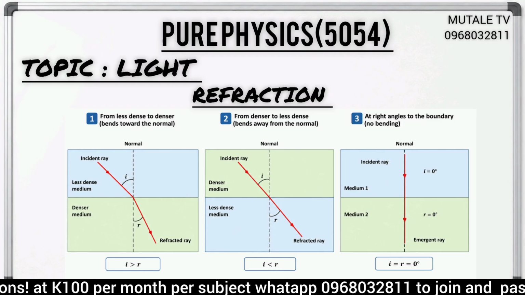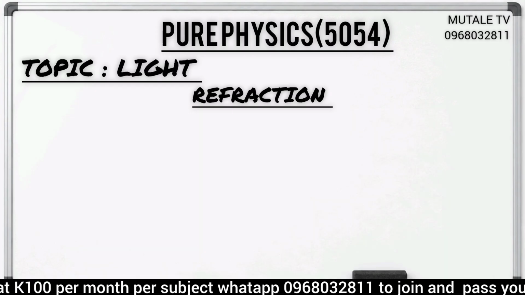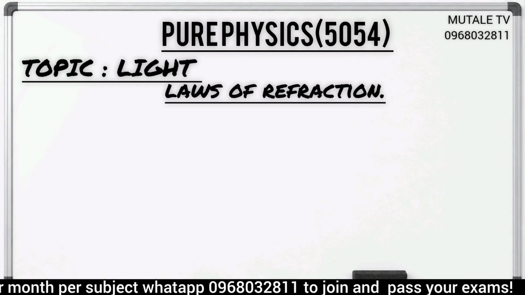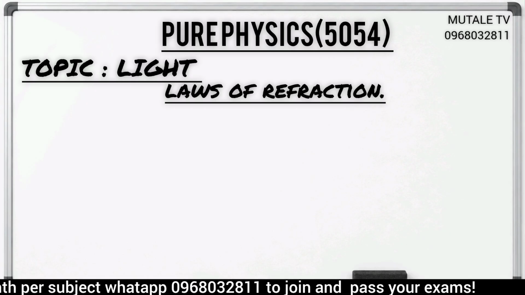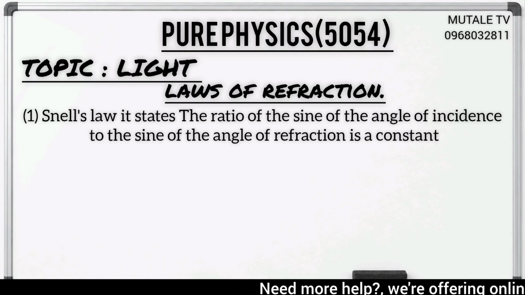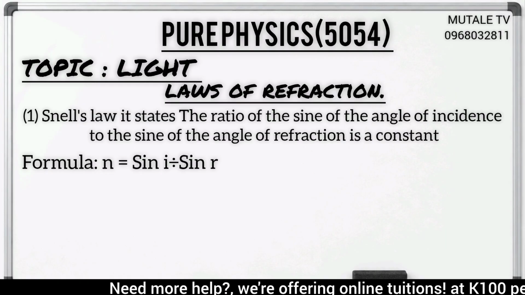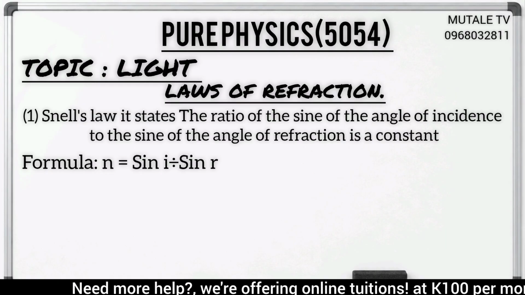These behaviors are described precisely by the laws of refraction. The first law is known as Snell's law, which states that the ratio of the sine of the angle of incidence to the sine of the angle of refraction is a constant for a given pair of media, and this constant is called the refractive index.